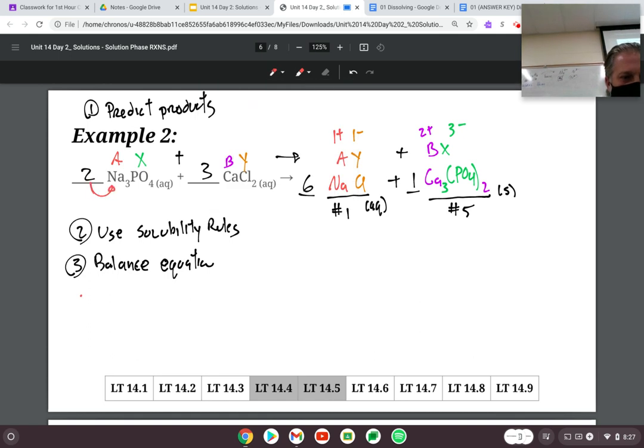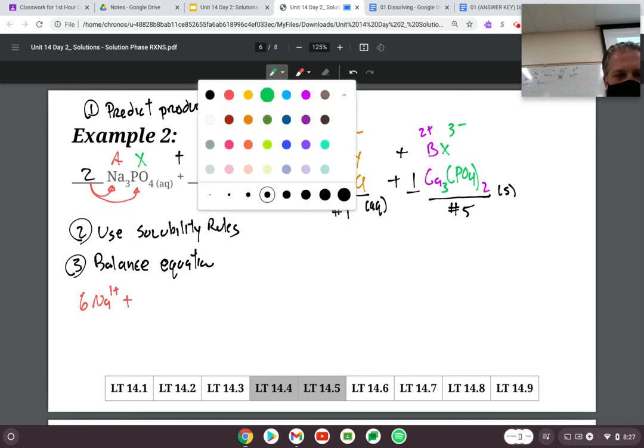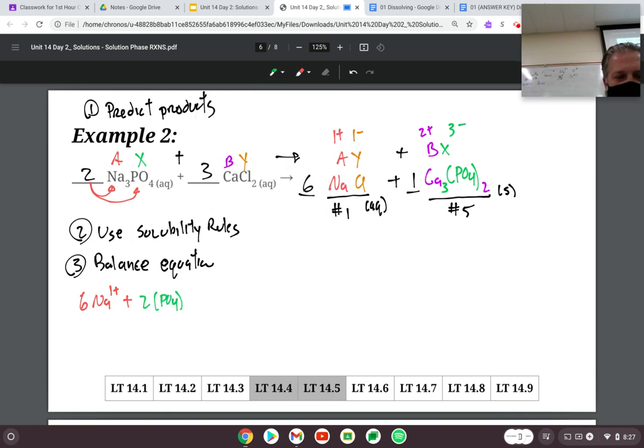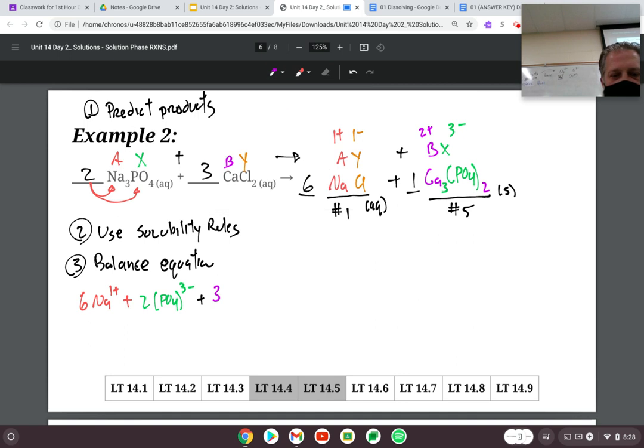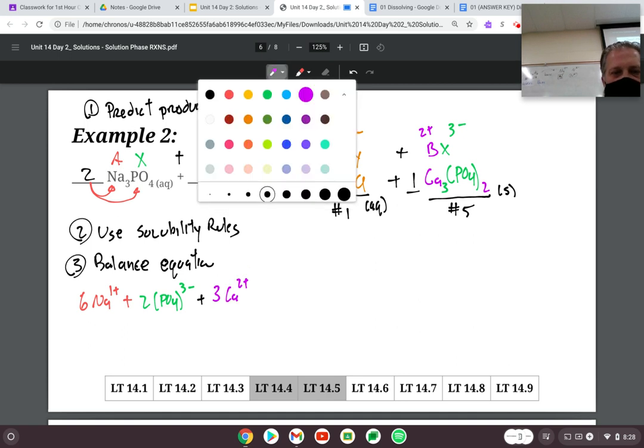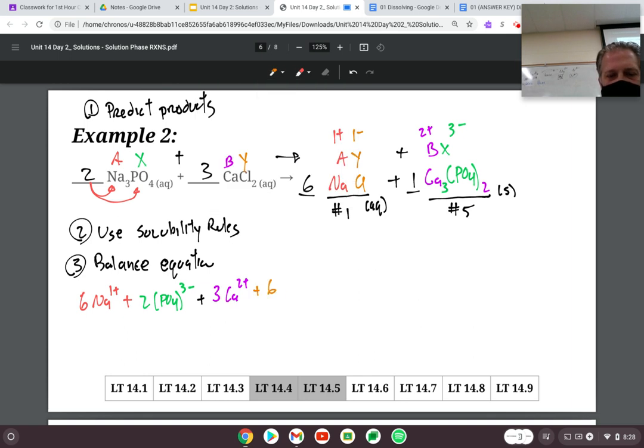Because this 2 distributes itself like so, I have 6 sodiums, and I have 2 phosphates, and I have 3 calciums, and I have 6 chlorides. Okay, now these are all aqueous because they're dissolved.